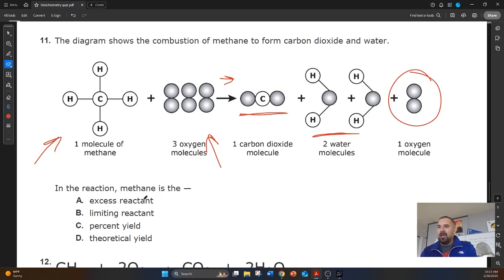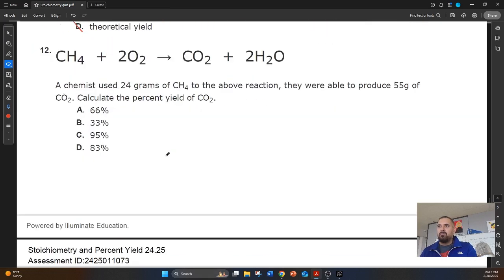So is it our excess reactant? No, it's not. So in this scenario, oxygen is excess because we have leftover oxygen. Just know that you could be asked that question as well. It is the limiting reactant because we don't have any more of it on the product side. So this is correct. Percent yield, theoretical yield don't make sense. So let's move on to number 12.